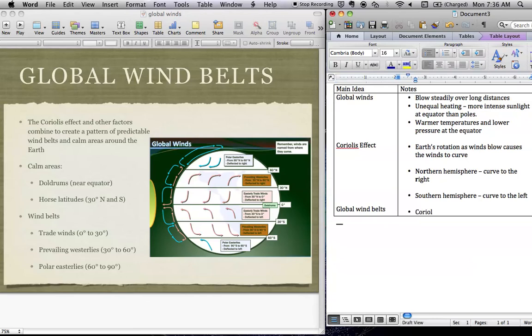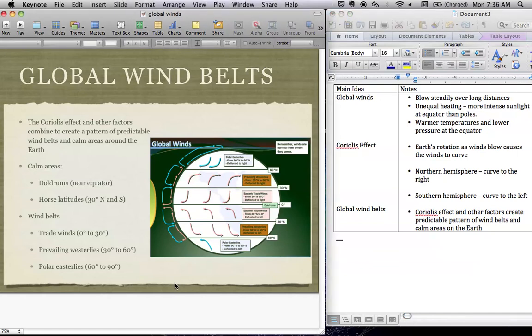Right, so the Coriolis effect and other factors create a predictable pattern of wind belts and calm areas on the Earth. All right, so these winds blow steadily in these directions pretty much all the time. All right, so if you looked at a long-term average, the wind in this section of the Earth would be blowing from the west to the east.